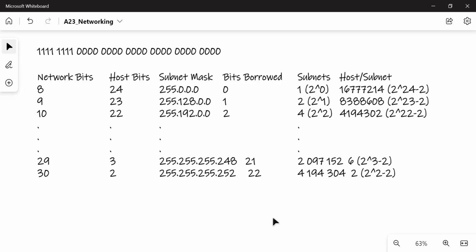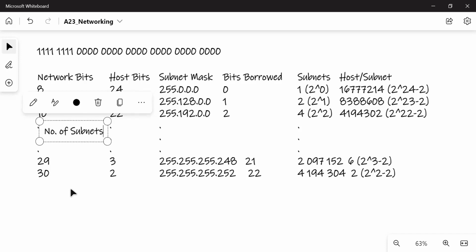So a few things that we need to note here. Make a note of this because this will be helpful when you're answering questions. The first one is the number of subnets. The idea of subnets is the number of networks we are going to create.